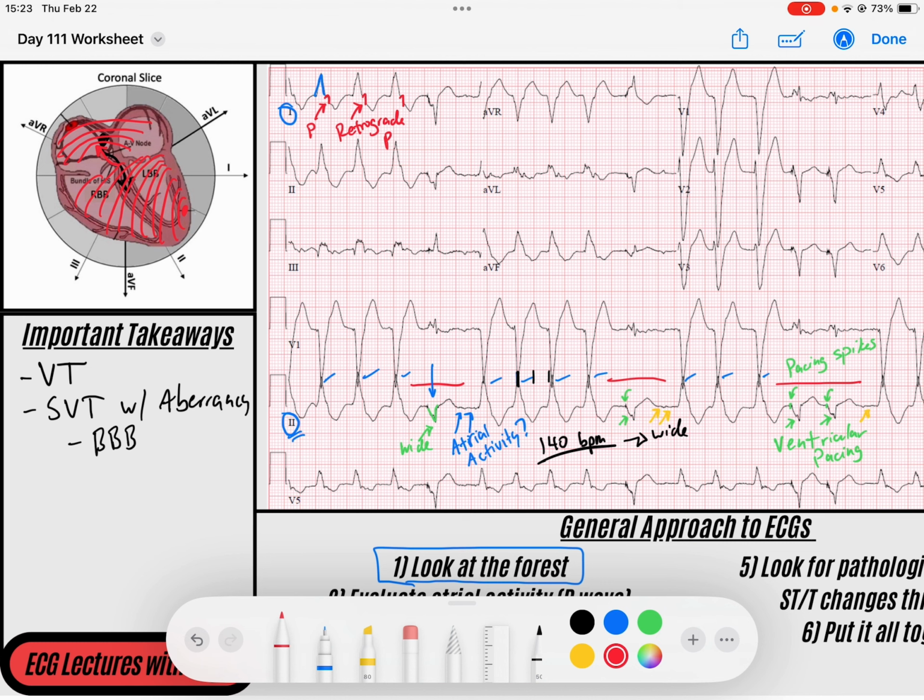And so that's why we see those changes. So we've got retrograde P waves in the setting of a wide complex rhythm at 140 beats per minute. I would say that this is ventricular tachycardia.